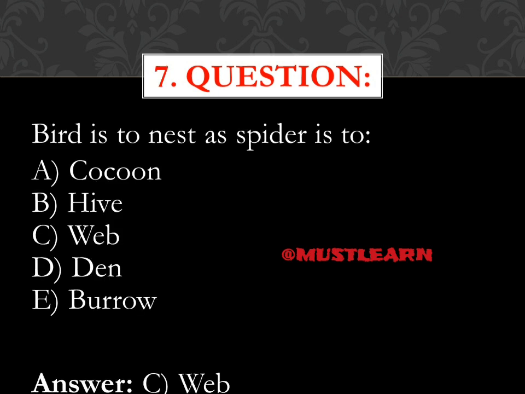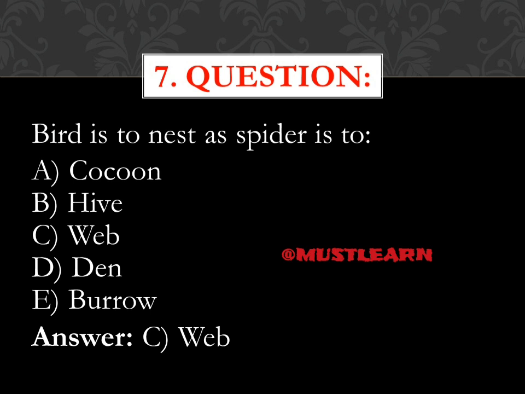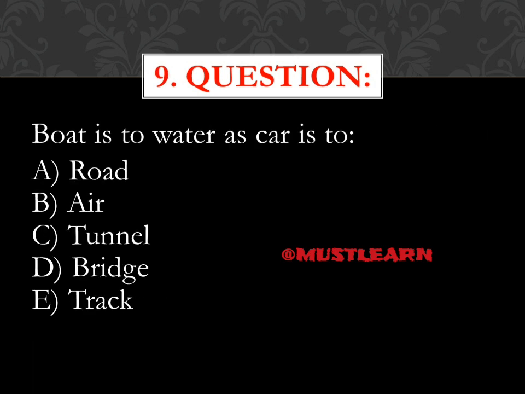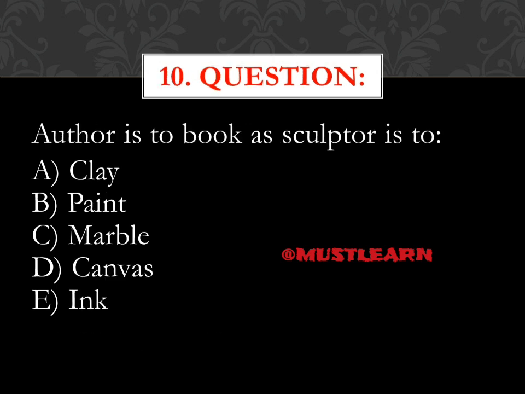Bird is to nest as spider is to web. Doctor is to stethoscope as carpenter is to hammer option A. Boat is to water as car is to option A, road.